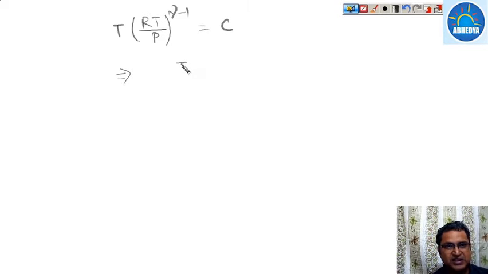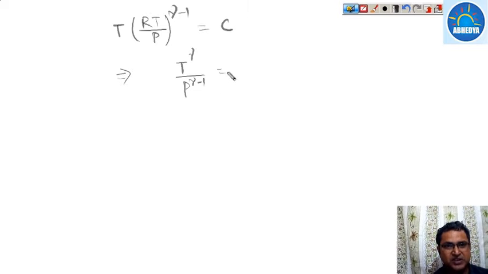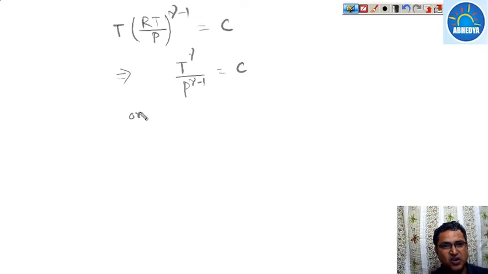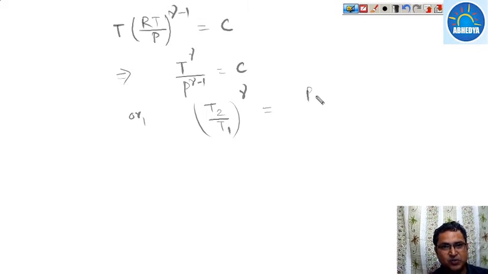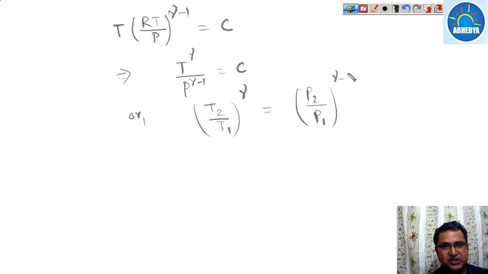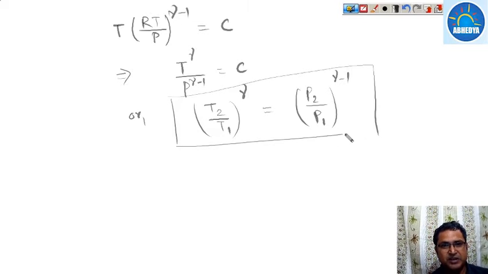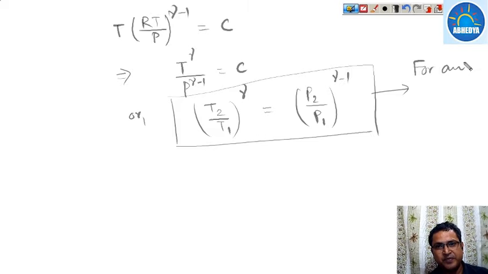This shows that T to the power gamma upon P to the power gamma minus 1 is equal to constant, and T2 upon T1 to the power gamma is equal to P2 upon P1 to the power gamma minus 1. So this is basically the relation between the temperature and pressure for an adiabatic process.